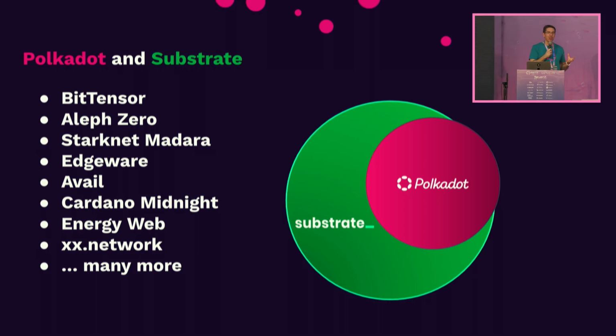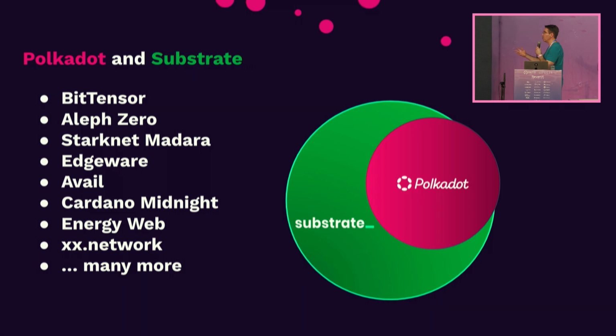So the Polkadot ecosystem is built with the Polkadot SDK or Substrate, but a lot of other ecosystems and other projects have actually looked at Substrate, looked at how we're building Polkadot and the framework that we use for it, and said, we want to use that as well.